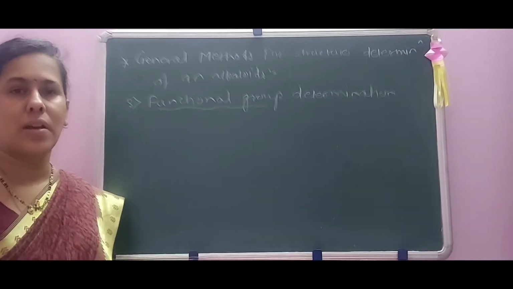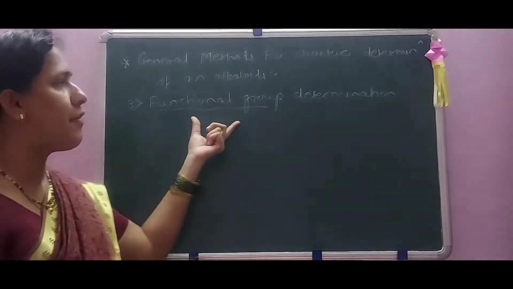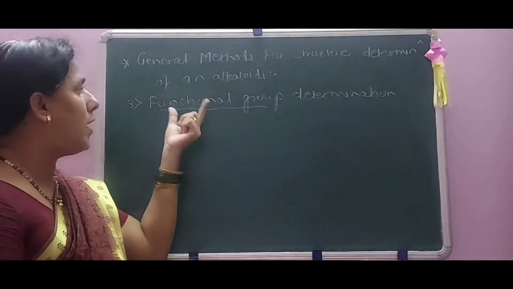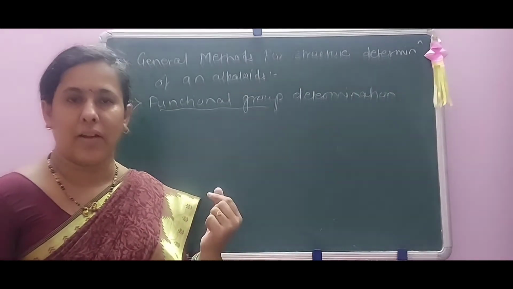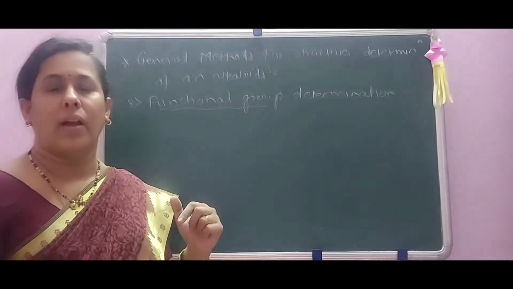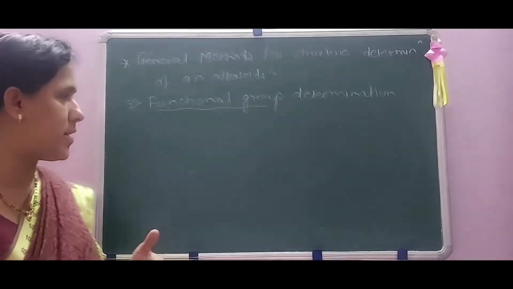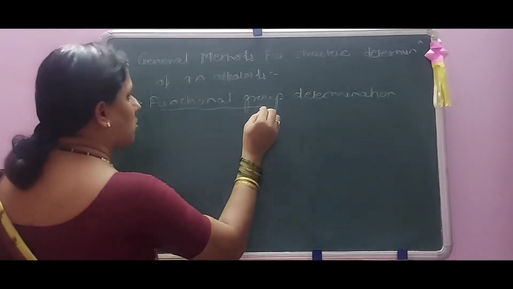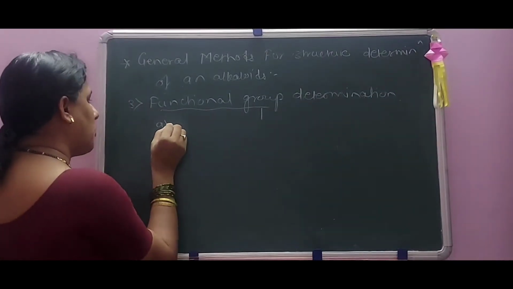In organic chemistry there are different kinds of functional groups, and we have to check specifically which functional group is present, and thereby carry out its test. First, we take the hydroxy group.